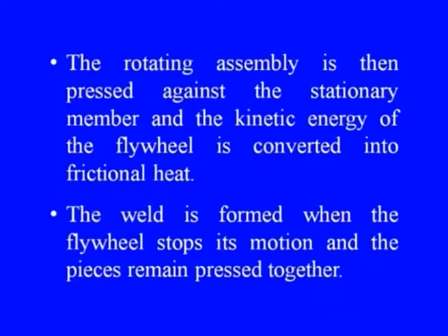The rotating assembly is then pressed against the stationary member, and the kinetic energy of the flywheel is converted into frictional heat. The weld is formed when the flywheel stops and the process remains pressed together.